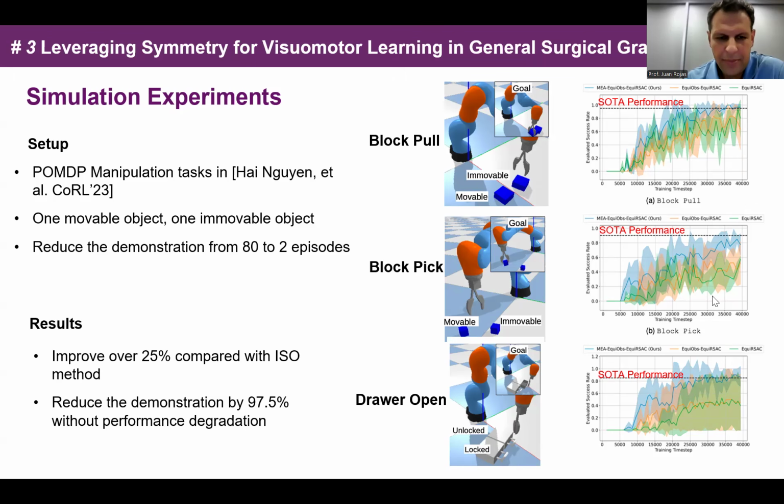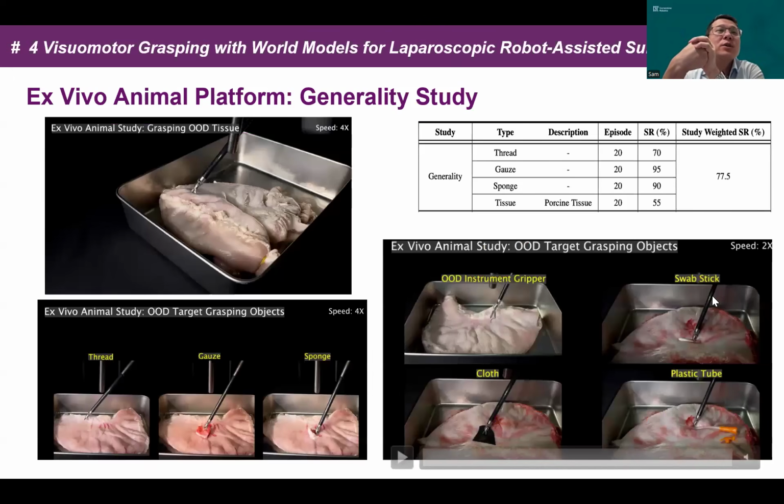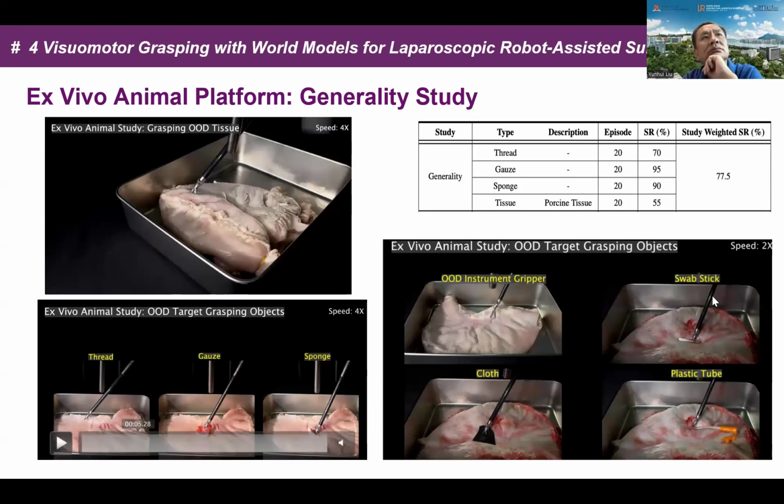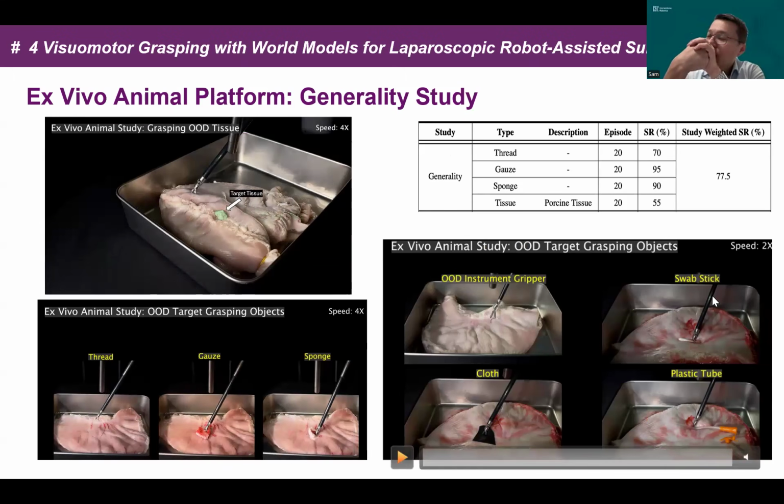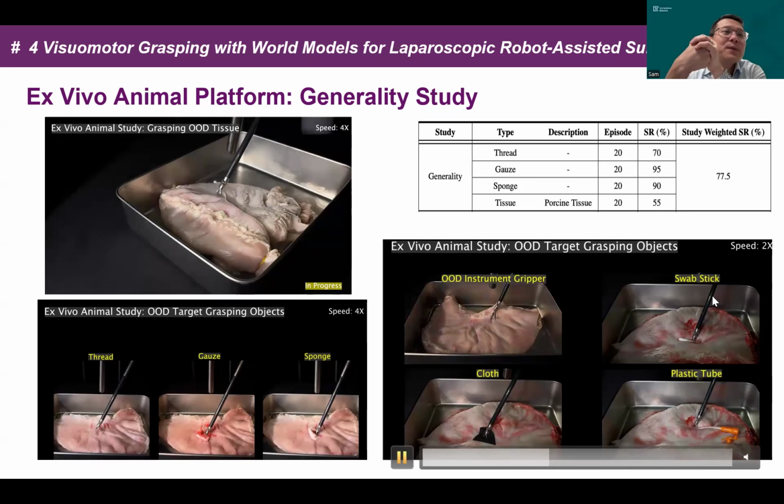I may have a general question. When I look at the video, you normally have overshoot: you grasp something, you overshoot, and push against the tissue. But a human surgeon doesn't overshoot in general, because you don't know what kind of tissue you are touching. I think it's a general practice for AI people to focus on successful grasping or pick-up tasks.